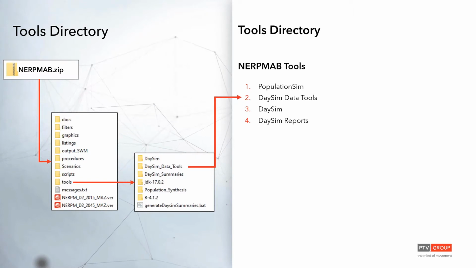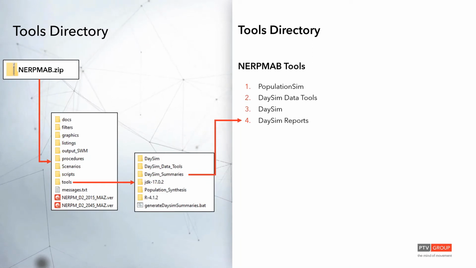NERPMAB uses DaySim as its activity-based model. So DaySim data tools are complementary tools that prepare land use inputs for DaySim. And then in that folder, you would also find a subdirectory for DaySim, where all the software and files related to DaySim are stored.